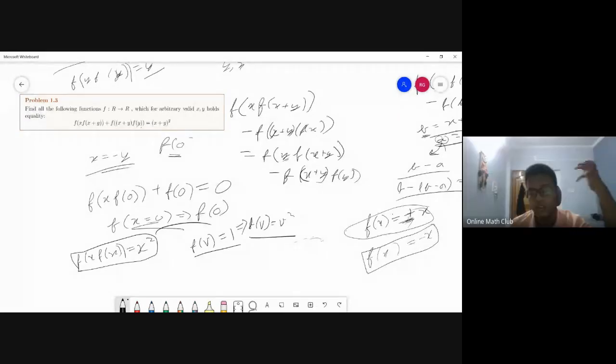Okay, how do we do this? I'm not finding anything like this. The asymmetry looks interesting, but other than that, I don't see anything.